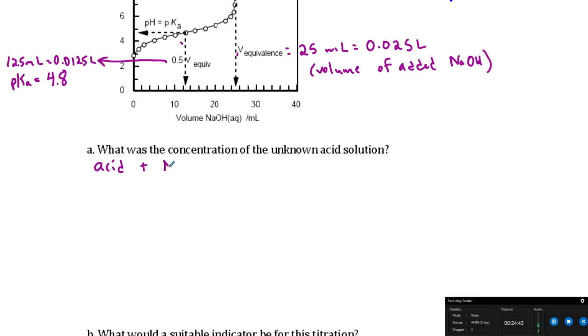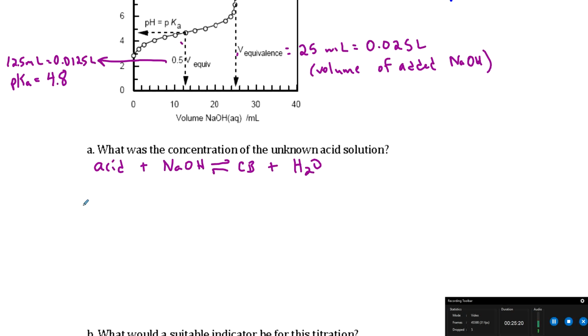Acid plus sodium hydroxide would equal the conjugate base, we don't know what it is because we don't know what the acid is. We just know it's going to have a conjugate base that matches up on this side. And the other product would be water, or you could also call it the conjugate acid, right? It would match up with the NaOH.